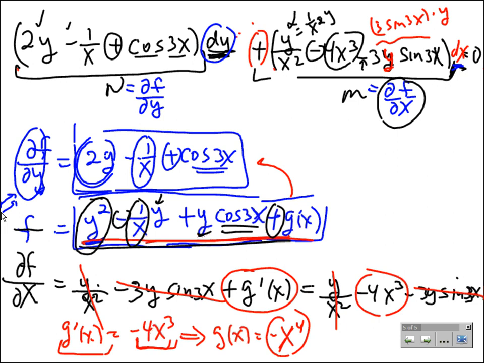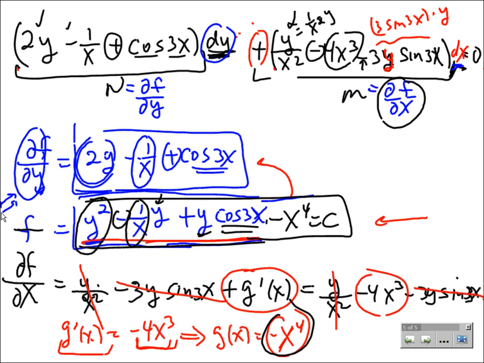So now, all I do is I update this equation. I erase plus g of x, and I put in minus x to the 4th, equal to a constant. That is the solution.